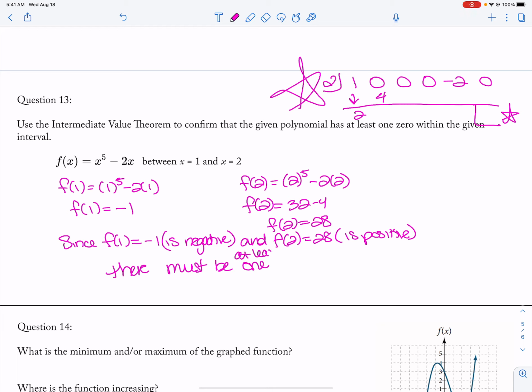And it's at least one zero between x equals 1 and x equals 2.